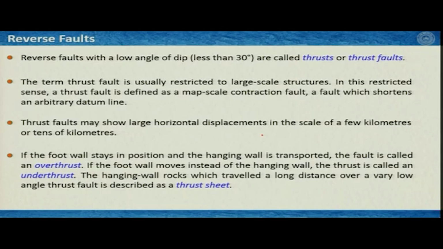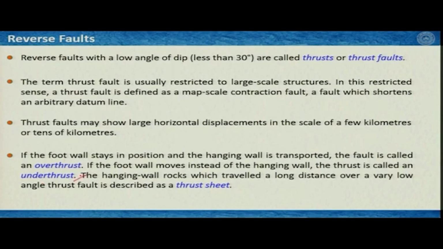If the foot wall stays in position and the hanging wall is transported, that means the hanging wall is moving over the foot wall, then the thrust is called an overthrust. And if the opposite happens, that means the foot wall moves instead of the hanging wall, so the hanging wall stays in a fixed position but the foot wall below is moving, then this is called underthrust.